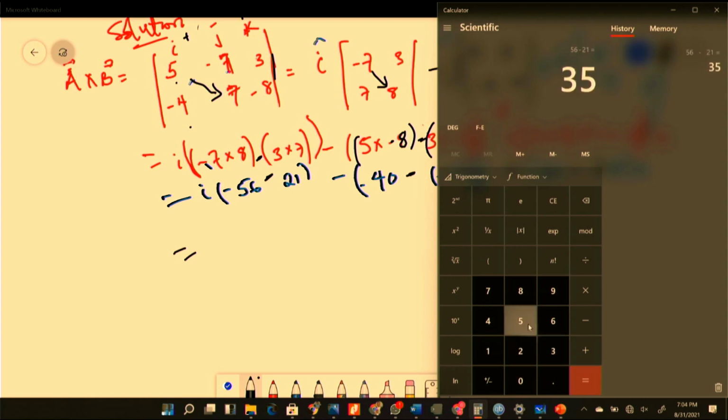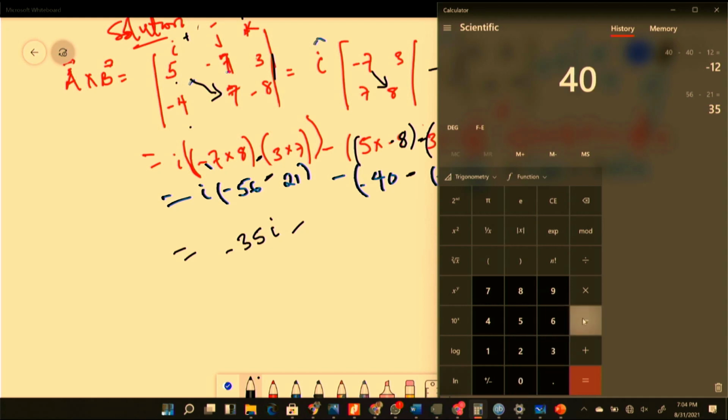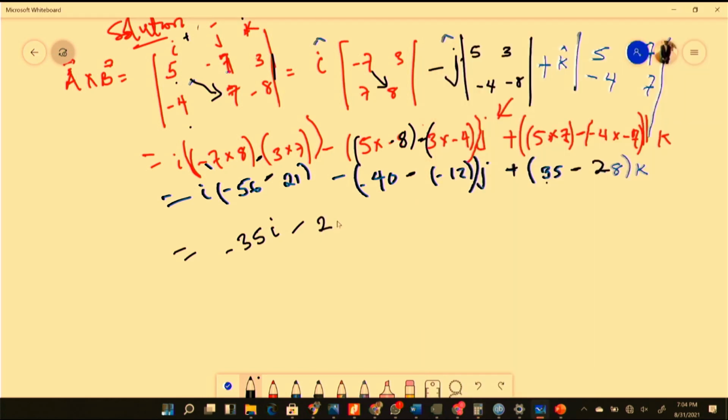So we have minus 35. So here we have minus 35. Then we have minus 40 and minus 12. This is the same thing as minus 40 and 12. 40 minus 12. So we have 28. 28j. That is for our j component.